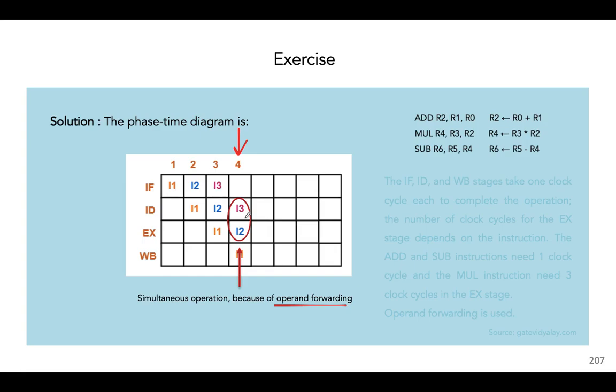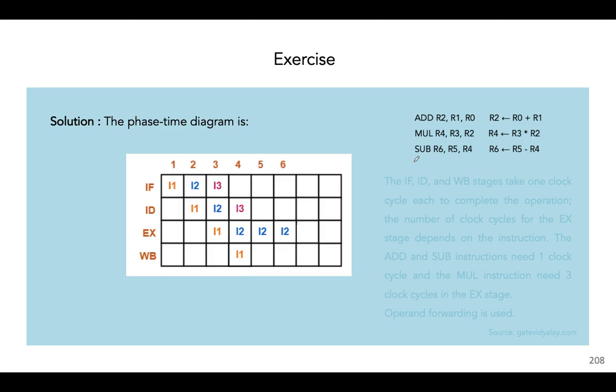Right? So this is all because of operand forwarding. This is how operand forwarding affects your phase time diagrams. Very important to understand. Keep it in mind at all costs. Whenever there are shared resources in your given sequence of instructions, you have to keep under consideration how that would affect the overall cycle count for those instructions.